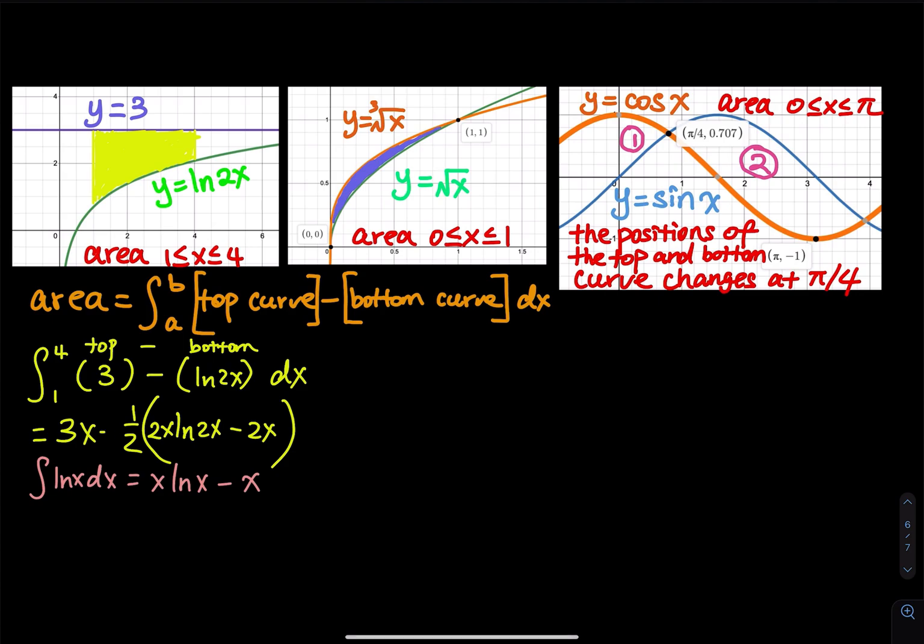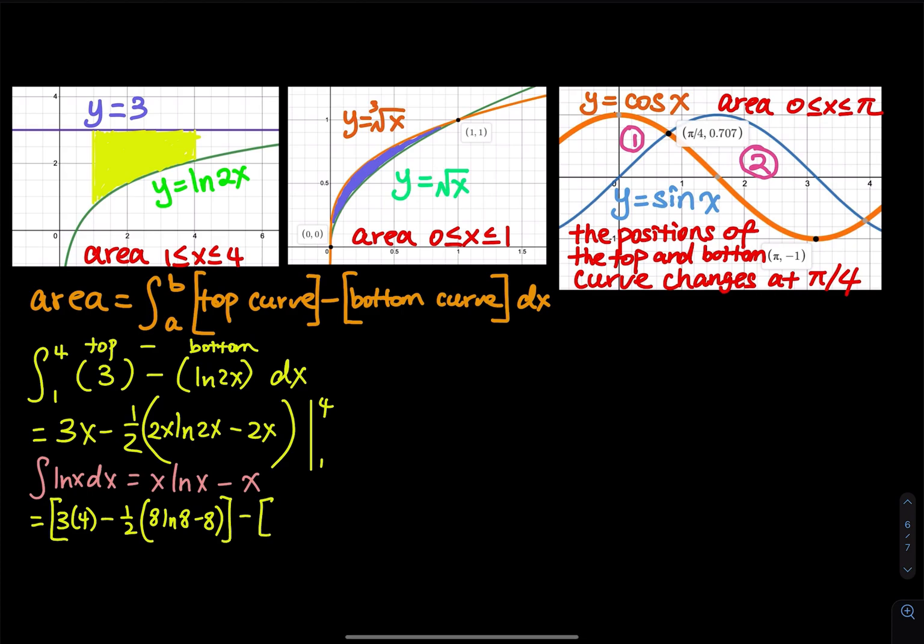And then minus, such that x goes from 1 to 4. What is that equal to? That is 3 times 4, and then minus 1/2 times the 2, and I will just do the math at the same time. So 8 ln 8 minus 8, that is for the 4. And then for the 1, what do you have?